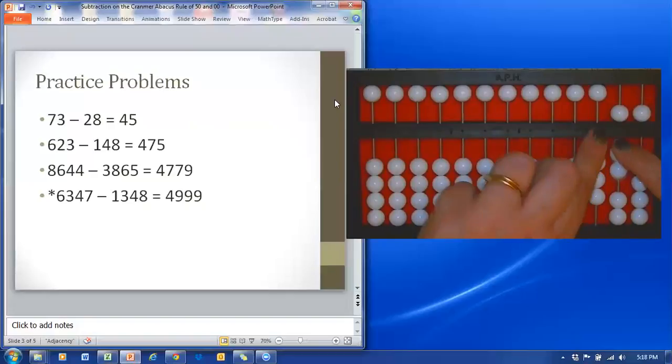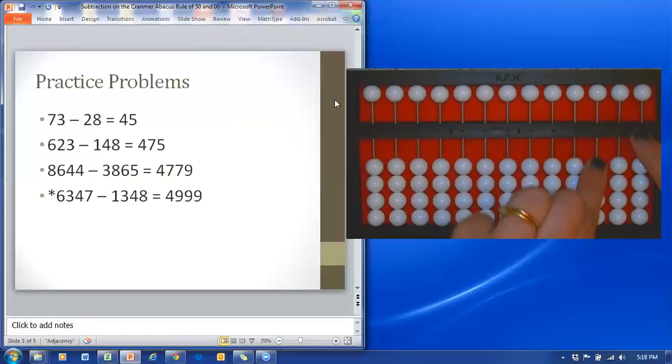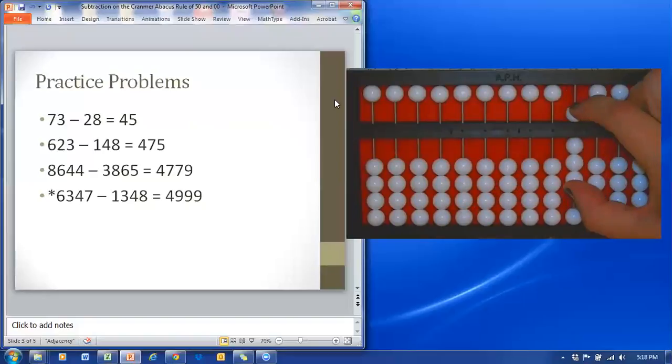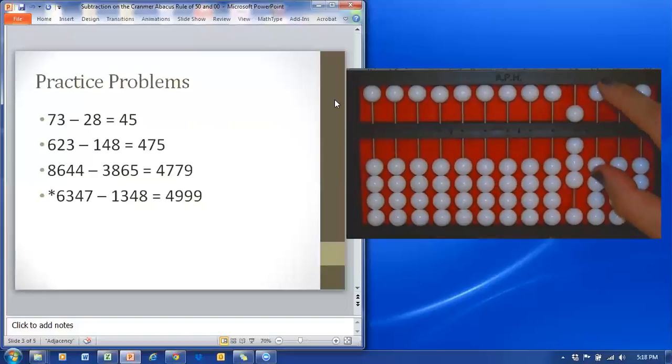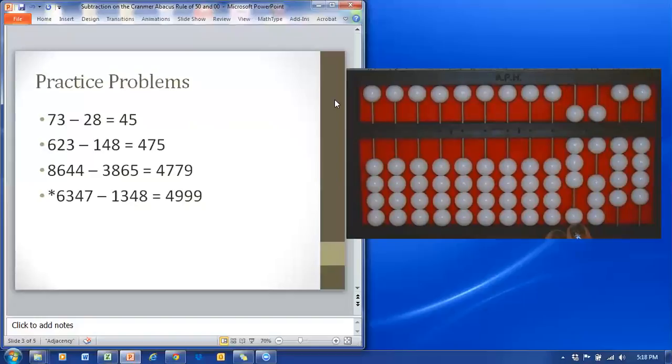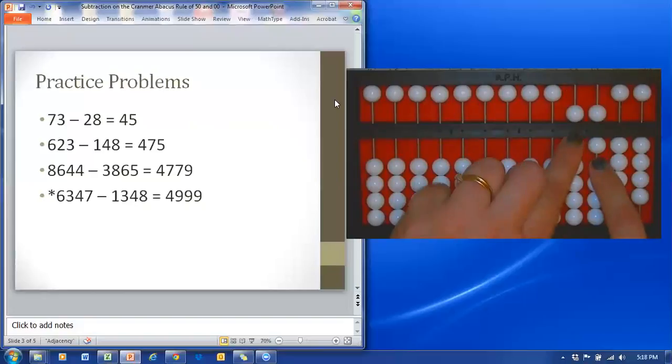Let's look at one that involves the thousands. I have 8,644. And now I'm going to subtract 3,000. 1, 2, 3,000. I'm going to subtract 8 hundreds.